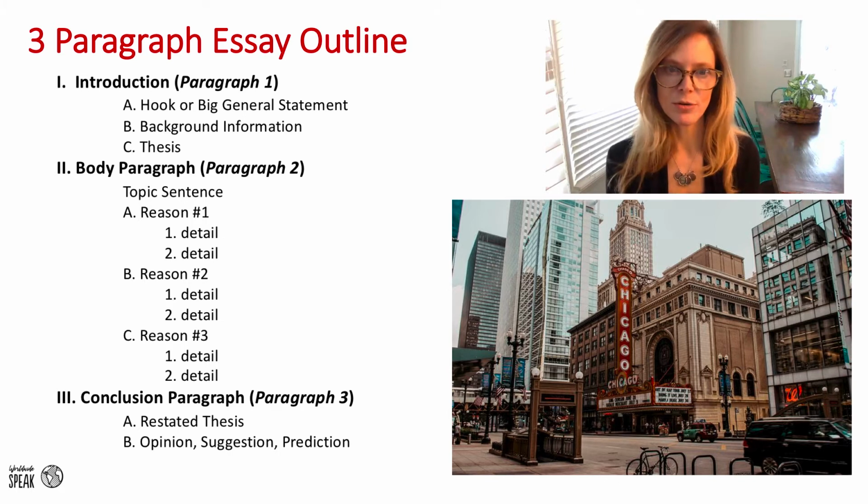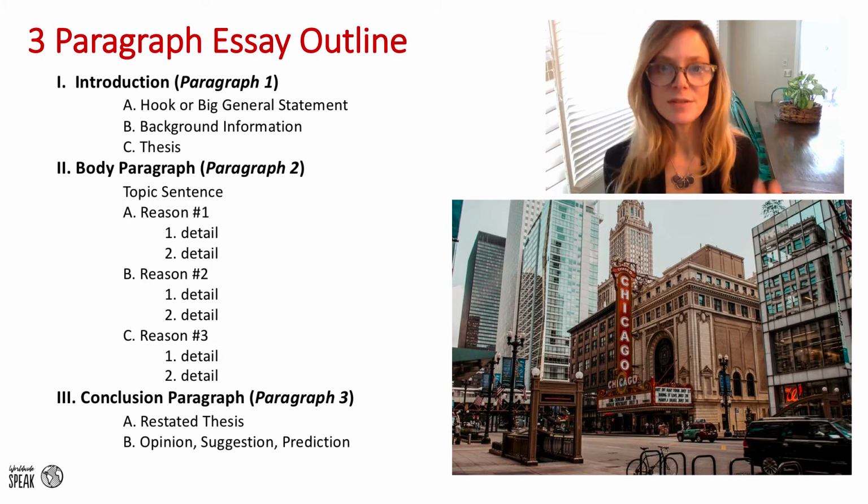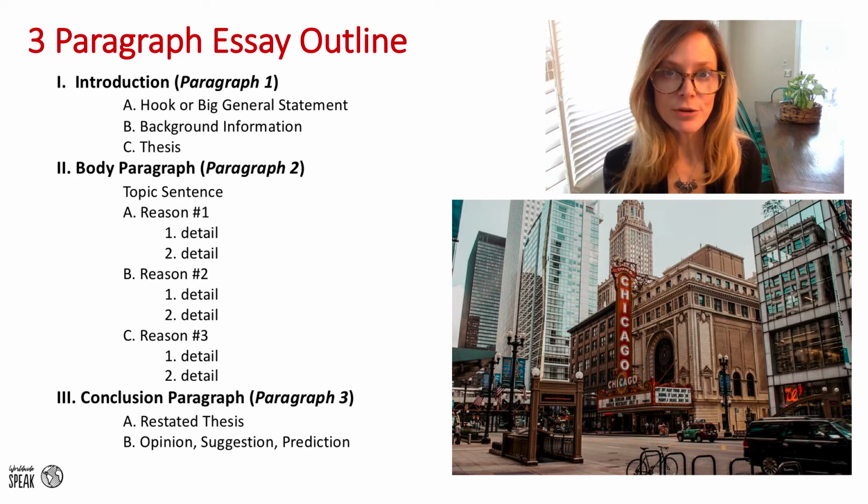Then the next paragraph is going to have a bunch of pieces. The first sentence, because this is a 3-paragraph essay, is going to be your topic sentence. You're going to tell the reader the focus of this body paragraph, and then you're going to give the first reason with a couple of details for support, the second reason with a couple more details for support, and a third reason with a couple more details for support.